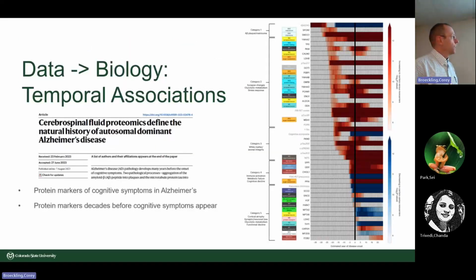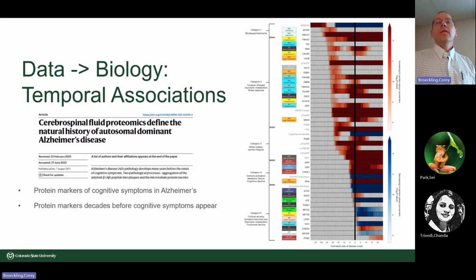Here's an example of temporal variations where they're looking for markers, in this case, a proteomics study for Alzheimer's disease. And actually through the design of the experiment they can determine that there are protein biomarkers that show up often 2 decades before clinical onset of the disease.